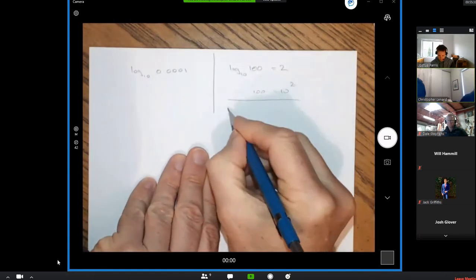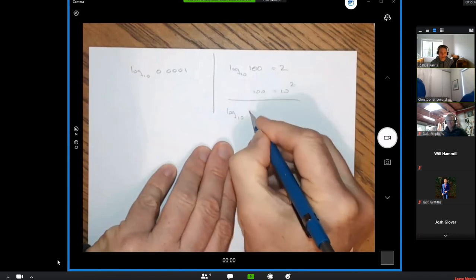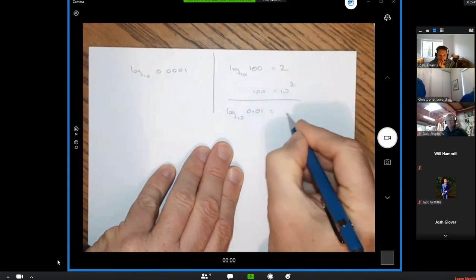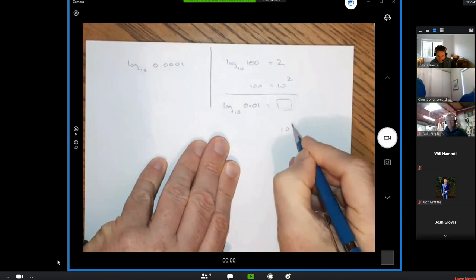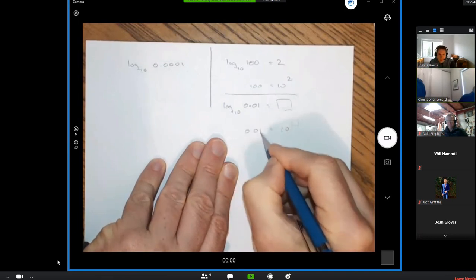Okay. Log base 10 of 0.01 equals something. So you're saying 10 to the what equals 0.01.